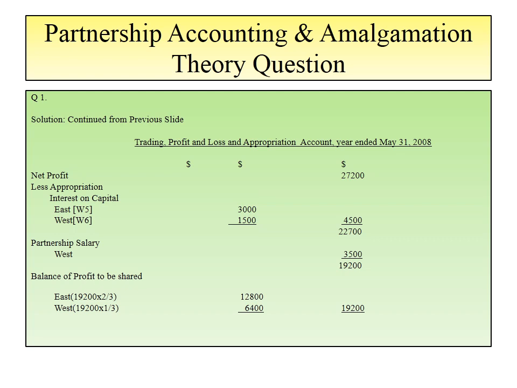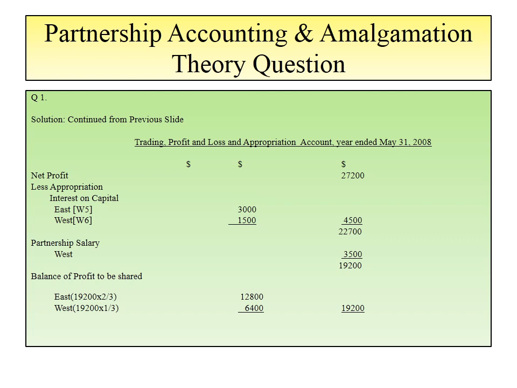We get a figure of 22,700 as the remaining net profit, and from this we deduct the partnership salary for west, that is 3,500, and we get a net profit of 19,200. This profit is to be distributed among the partners in the ratio of 2:1.